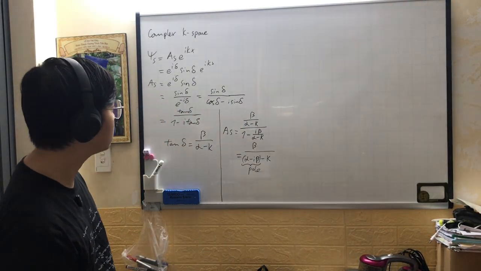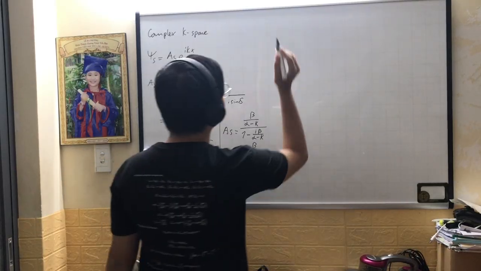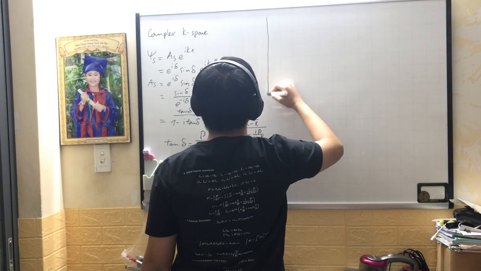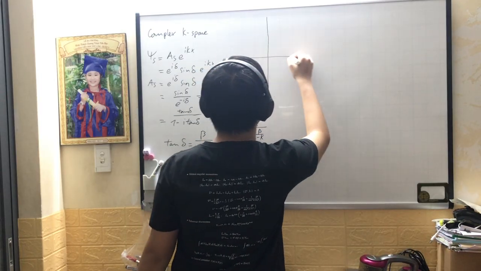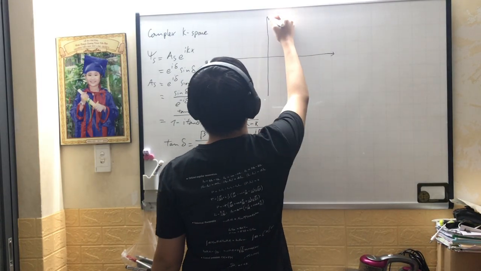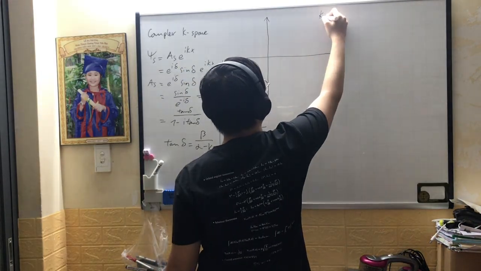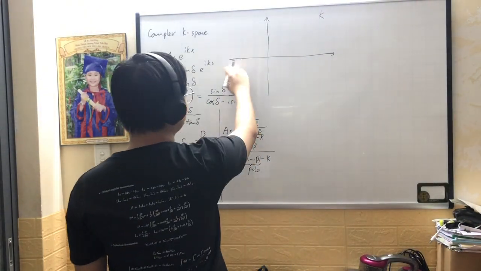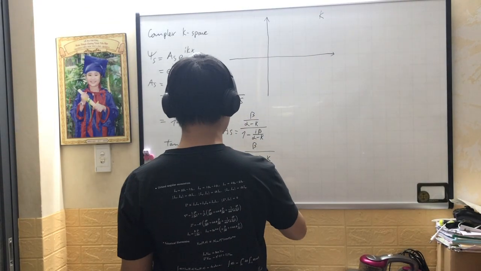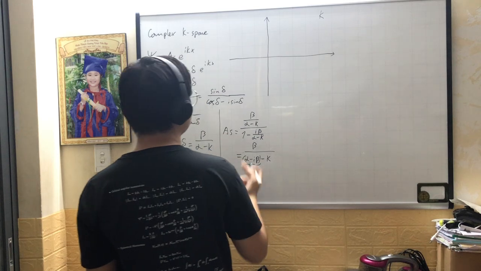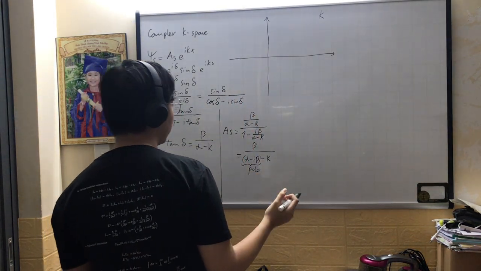So what is a pole exactly? Well, when you draw your k-space, you have a real and an imaginary axis. The real part would be classified by the alpha. The other one is minus i beta.